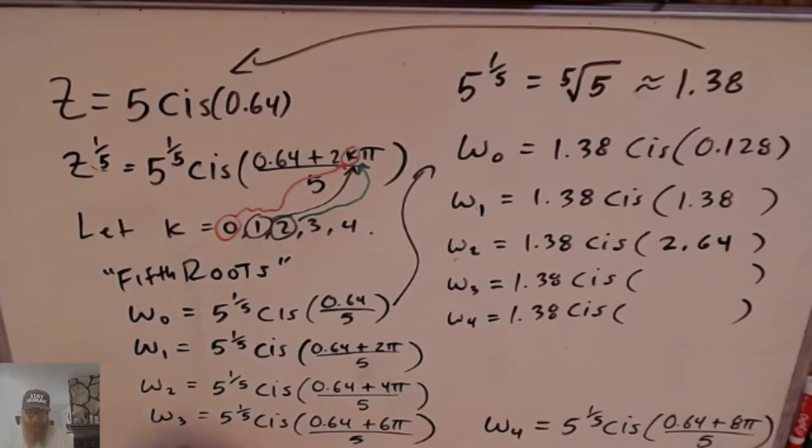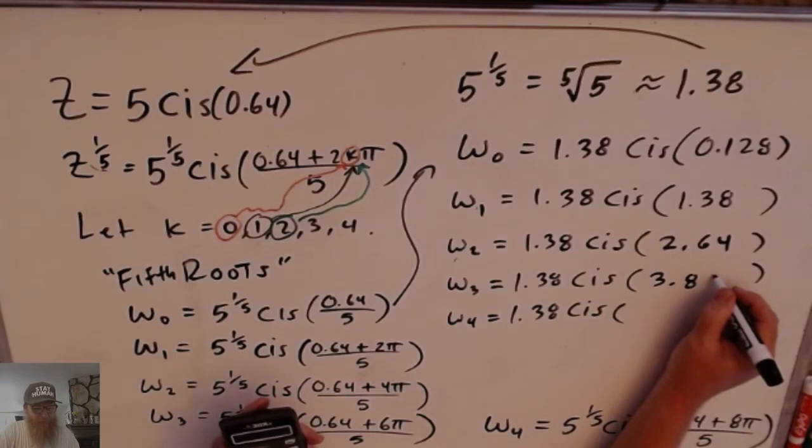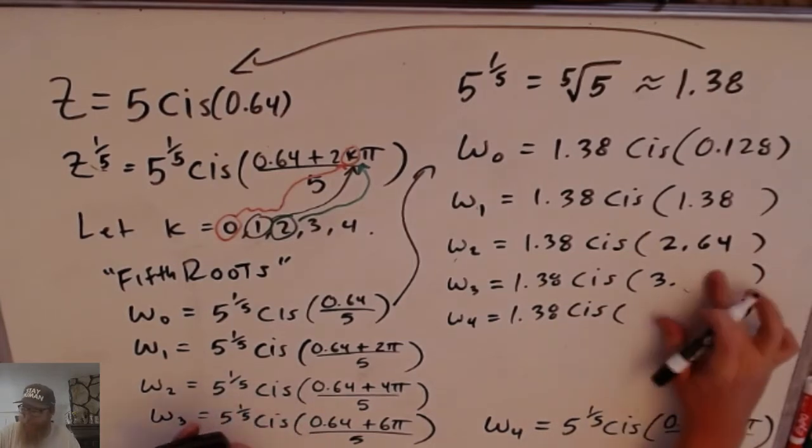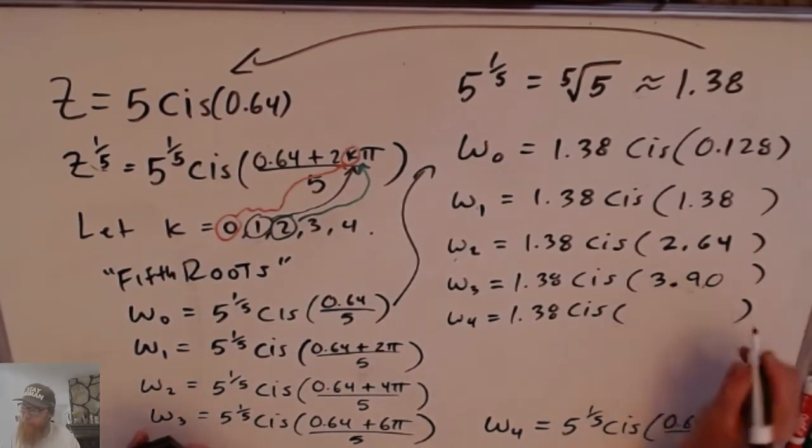0.64 plus 6 pi. And then divided by 5. 3.89. Although it's actually 3.90 if I'm rounding appropriately.